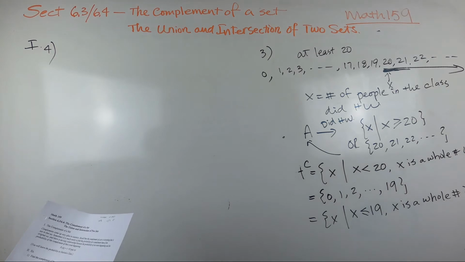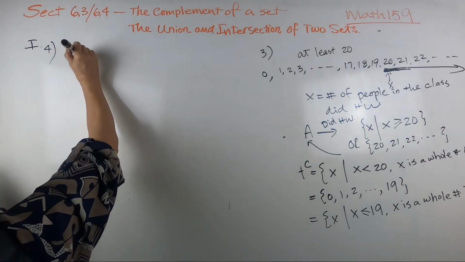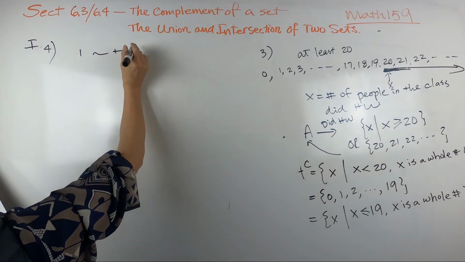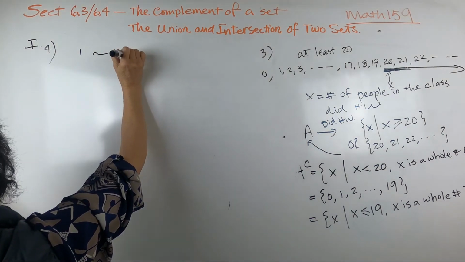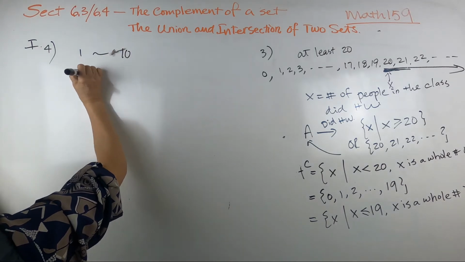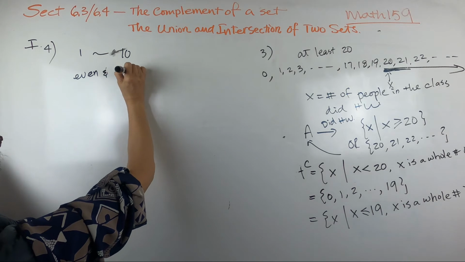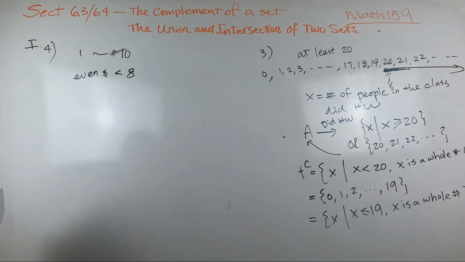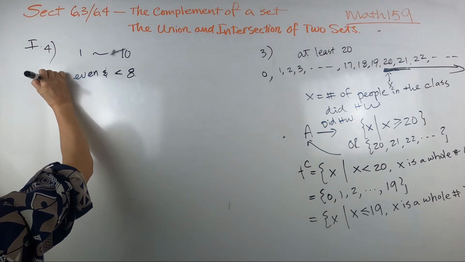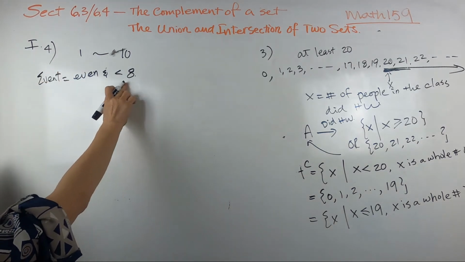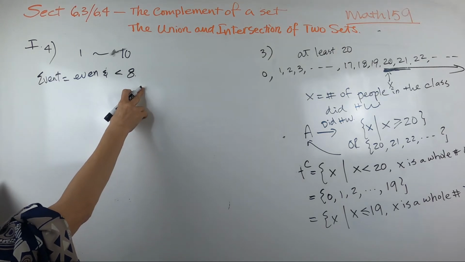Next one. Suppose a number is picked at random from the whole numbers from 1 to 10. We are going to pick a number from 1 to 10, and let A be the event that the number is both even and less than 8.